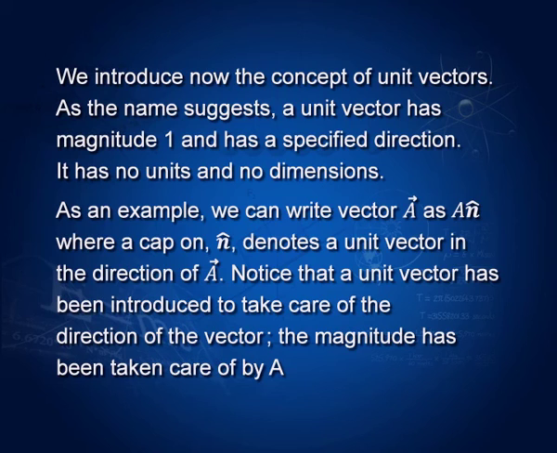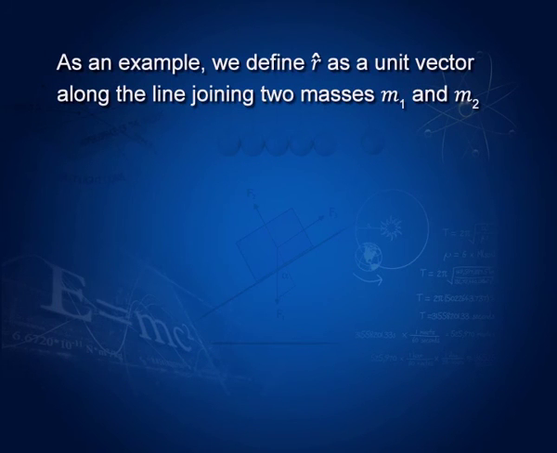Notice that a unit vector has been introduced to take care of the direction of the vector. The magnitude has been taken care of by A. As an example, we define a unit vector r cap as a unit vector along the line joining two masses m 1 and m 2.